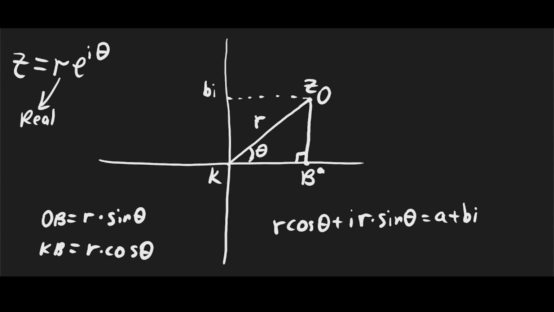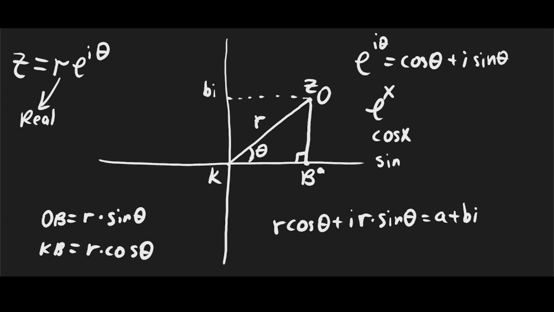And how can we prove that e to the i theta equals cosine theta plus i times sine theta? To prove this, we need to use the Taylor expansion of the series of e to the x, cosine x, and sine x. But I will not discuss this in today's video. If you are interested, please write me comments and I will make another video about Taylor expansion.